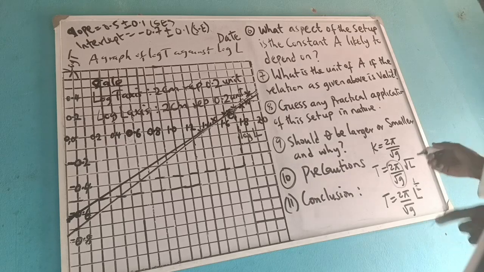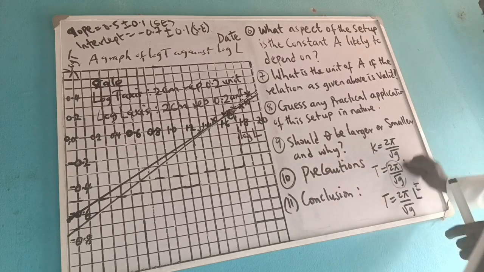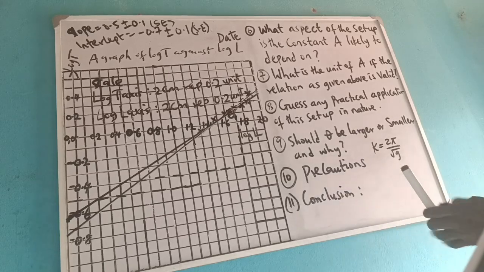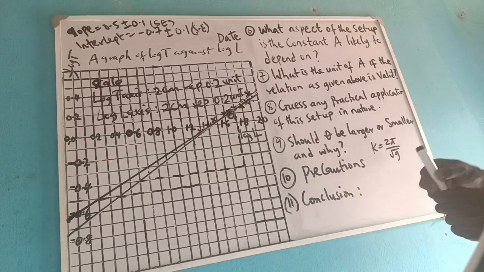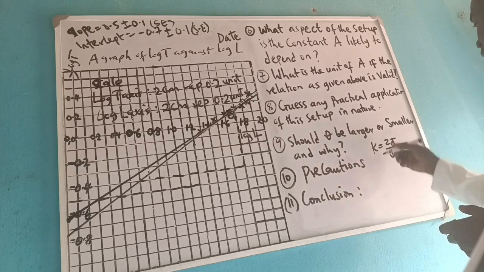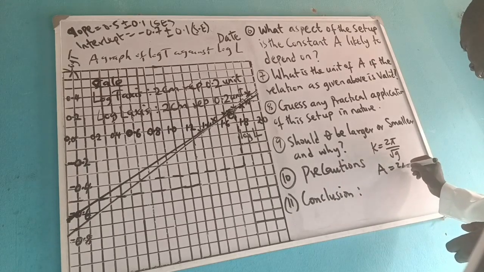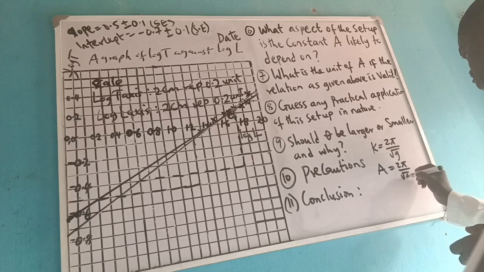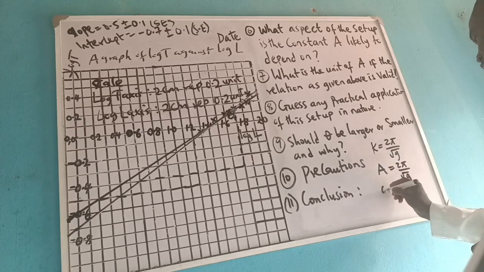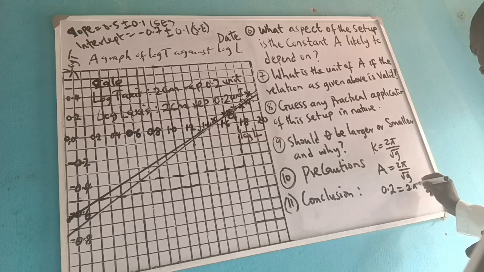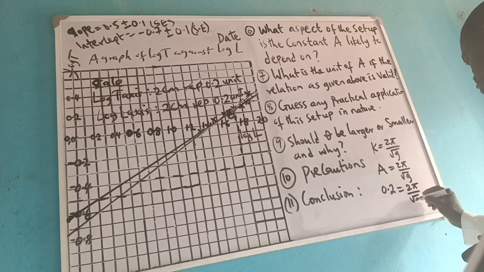We discussed this before. In that experiment our k is noted to be our A, equal to 2 pi over root g. We got A to be 0.2, equal to 2 pi over root g.